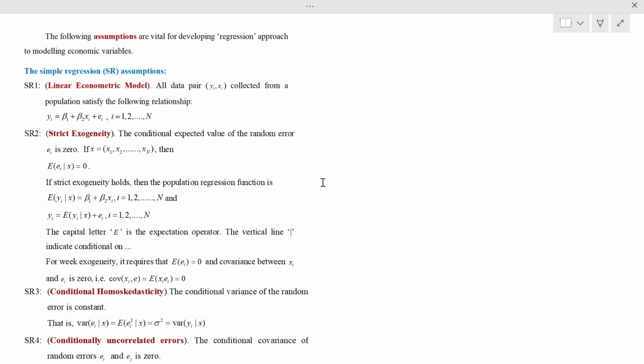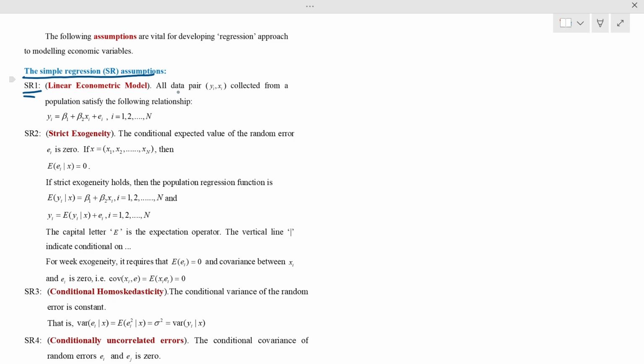Well, in order for our OLS estimator to work, we do need a number of assumptions. So here are the assumptions we need to have. First, assumption 1.